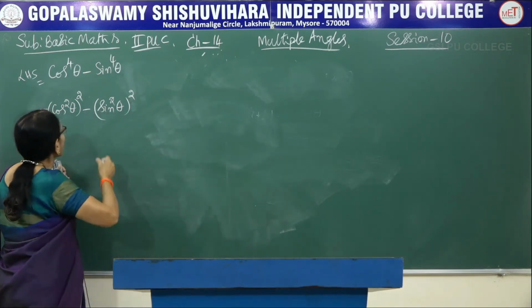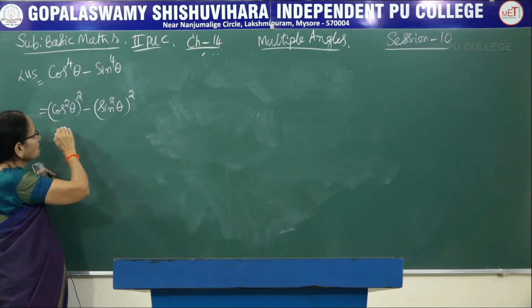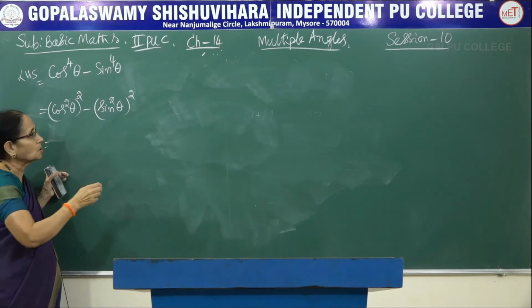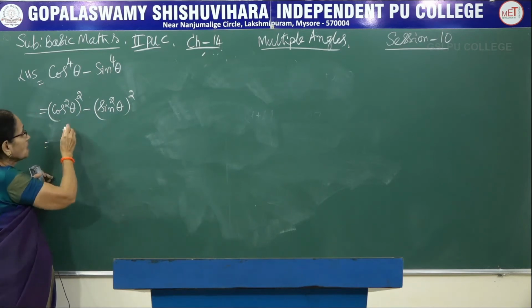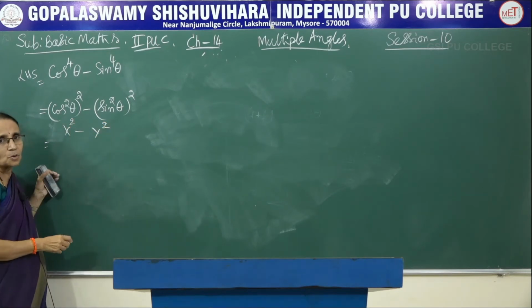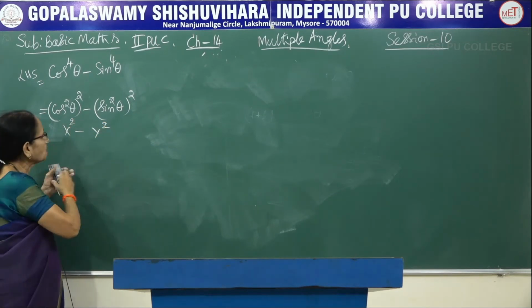Now look here. Though the power was 4, I have written it as cos square theta the whole square minus sin square theta the whole square. Now think of it as x. Let me take it as x here. So it is x square minus y square. Now I can use the algebraic formula.